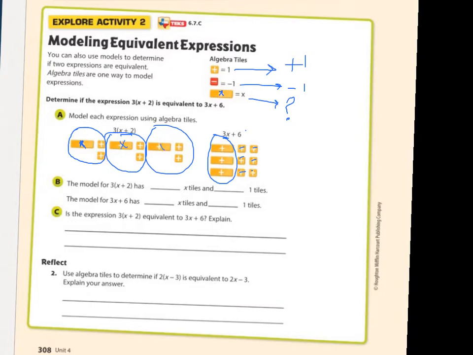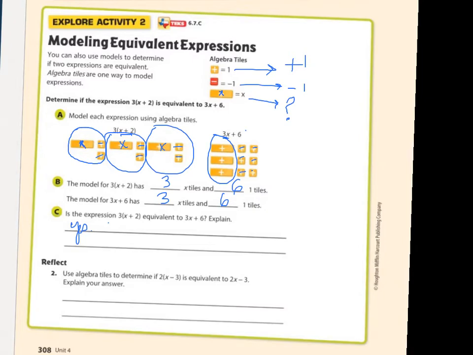There are 3 x tiles, and then 6 little positive 1 tiles. The model for 3x plus 6 has 3 x tiles and also 6 of the little positive 1 tiles. So are they equal to each other? Yes, they have the same number of tiles.